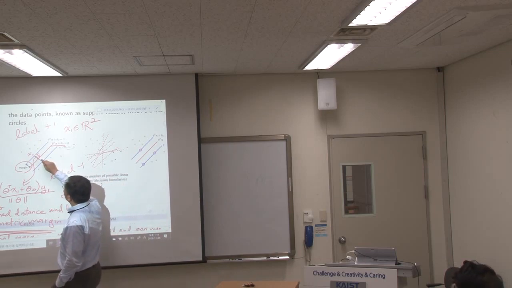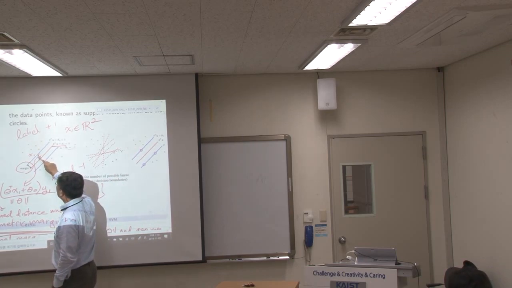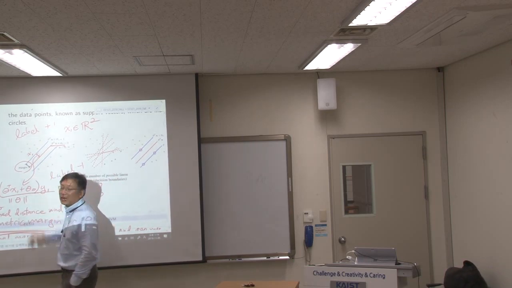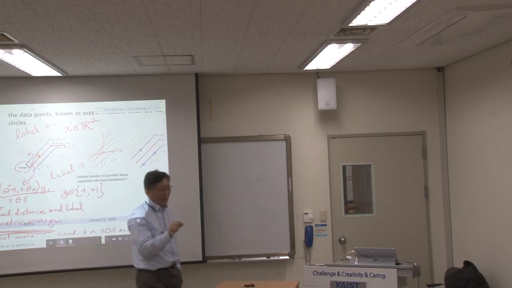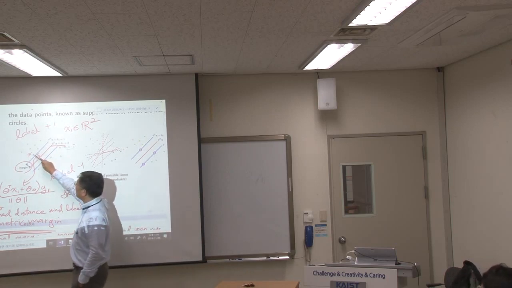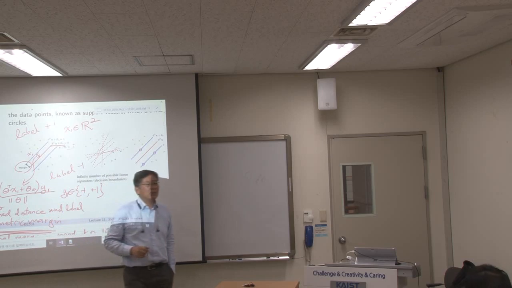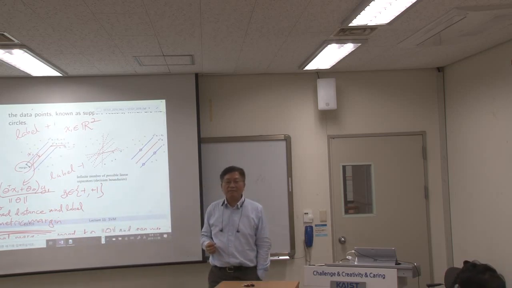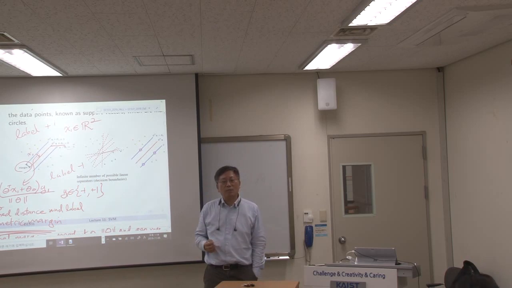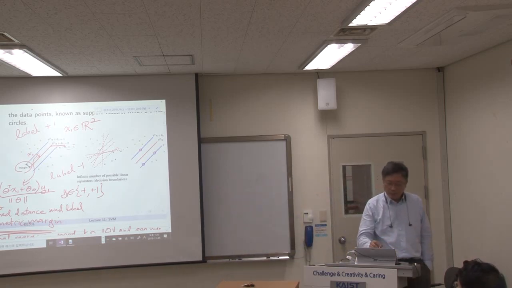Okay. This point, the point that's lying on the edge of the road, will have what? Will have functional margin equal to what? This point.